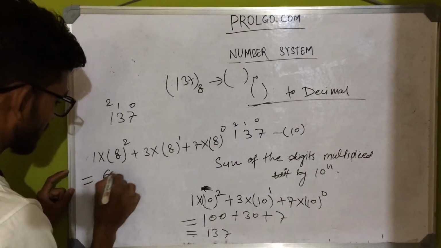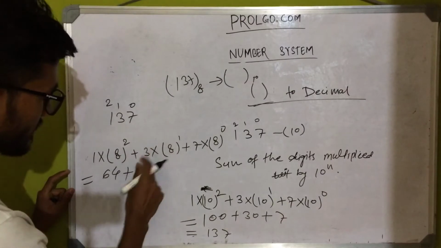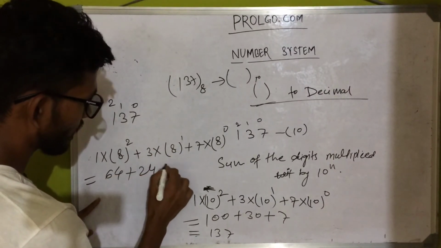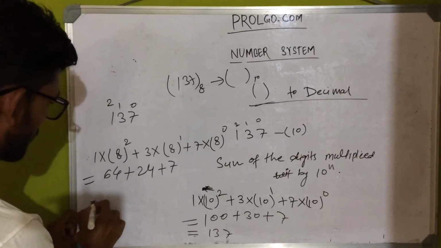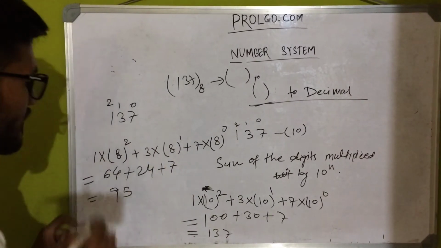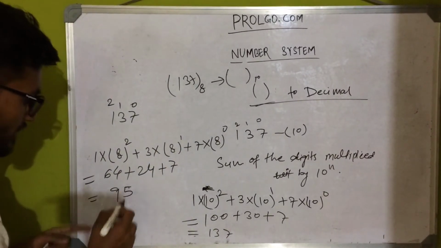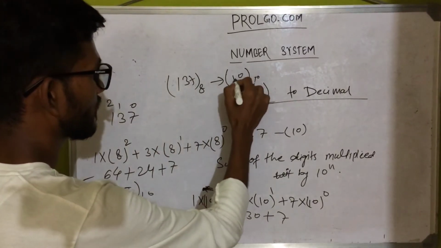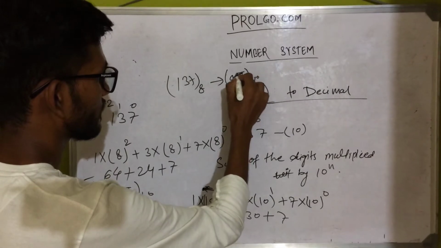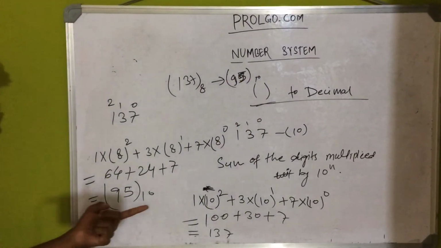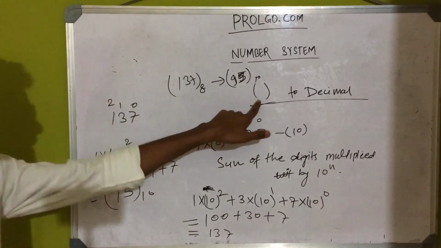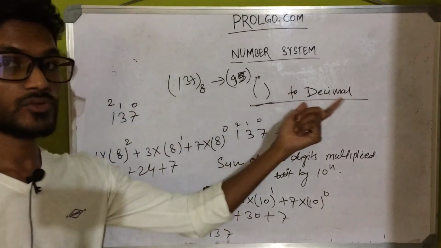So it will be 64 plus 24 plus 7, so it will be 95 in decimal.